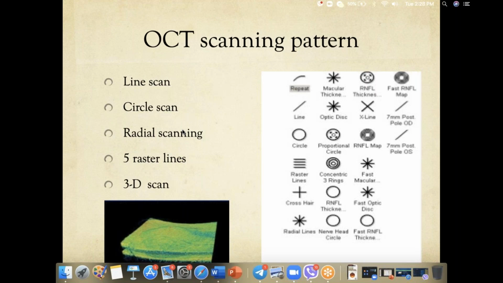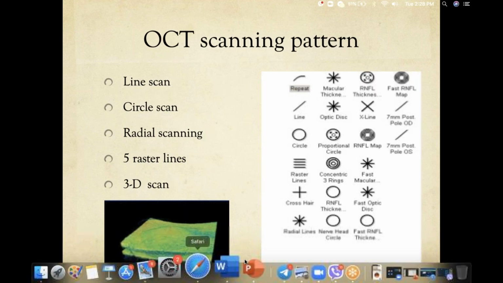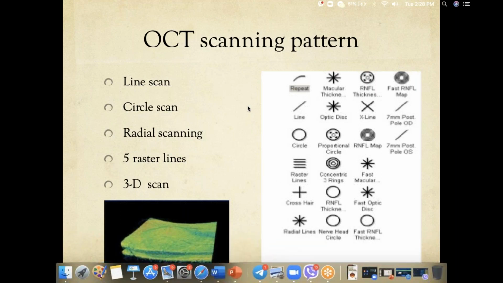Sometimes if there is a huge edema or a huge serous detachment and you want to use a 3D scan, the number of scans that need to be done is so many that when the final image is produced, you won't be able to analyze that image very much. You won't be able to get much information in such retinas.